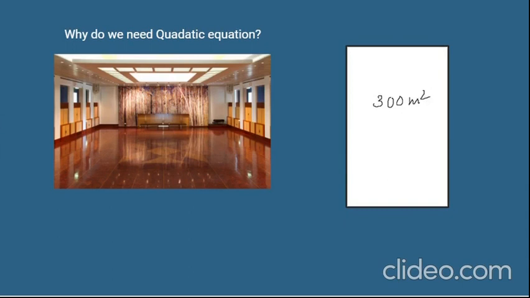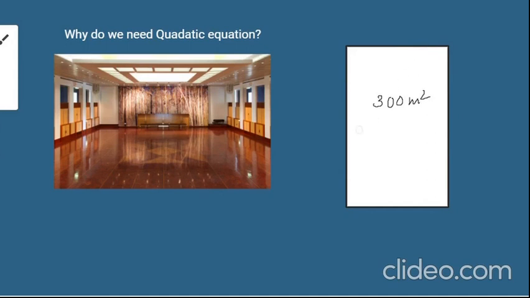Inside there must be the carpeted area. And there is one condition: whatever the width of the hall, there is a relation between the length and the width of the hall. What is the relation?